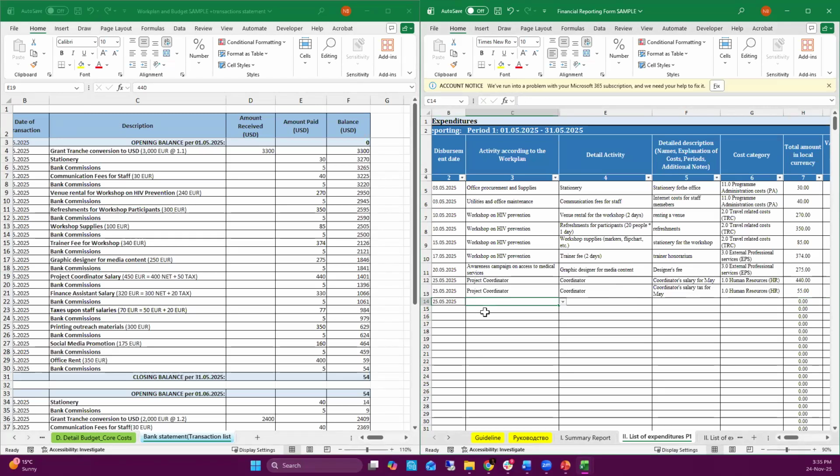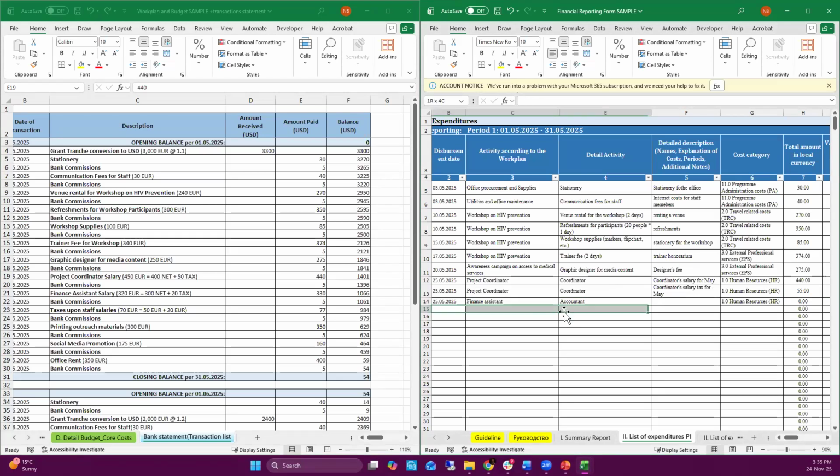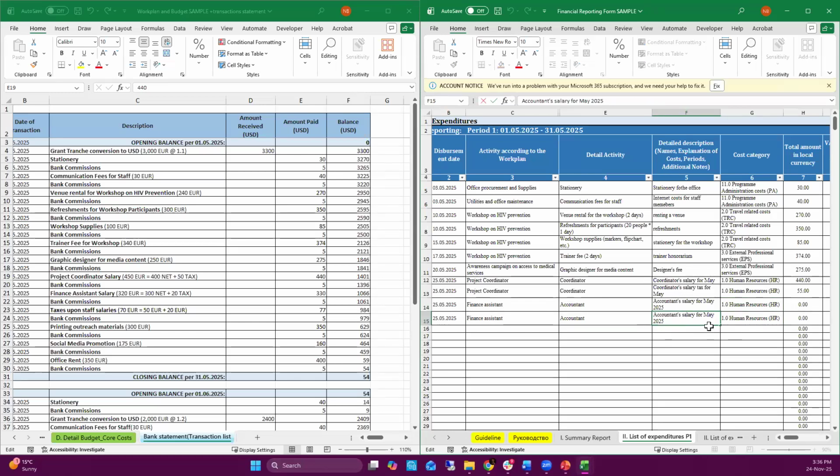The same principle we follow for the accountant. So we choose here financial assistant. Here we will have an accountant. It will be the same once again: accountant's salary for May, and here accountant salary tax, so that when we check on our side, we clearly understand what those amounts are.